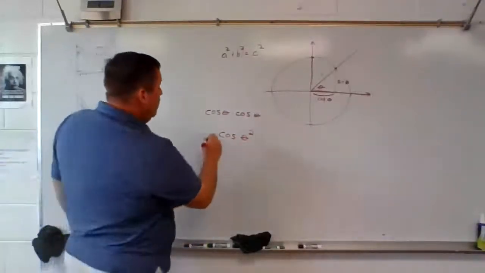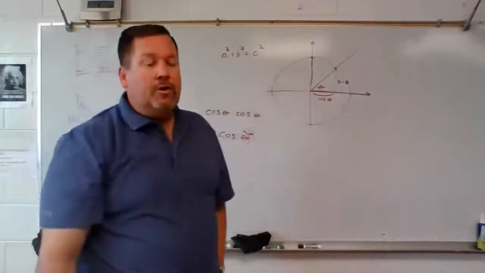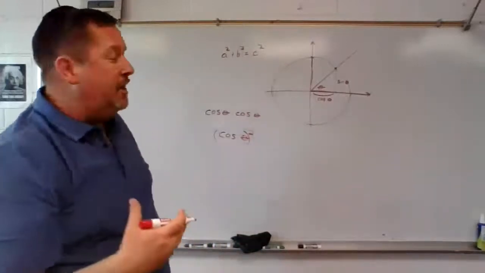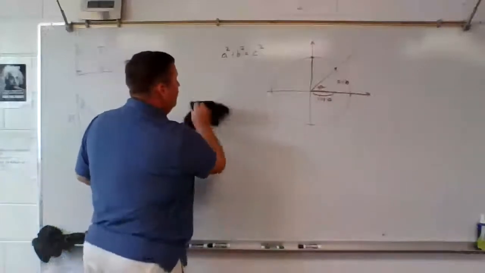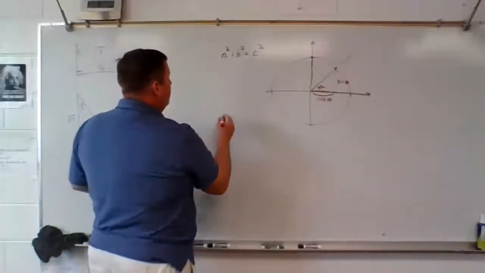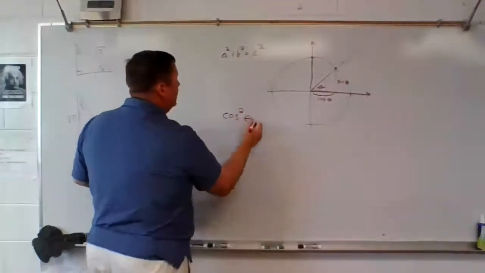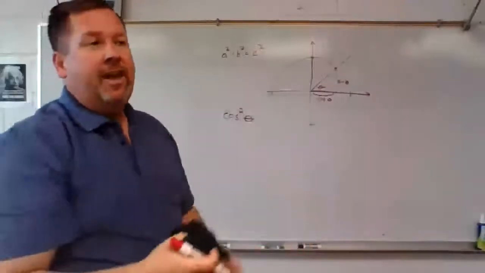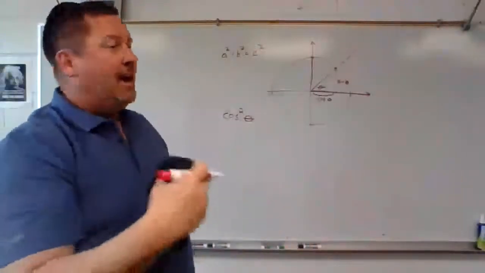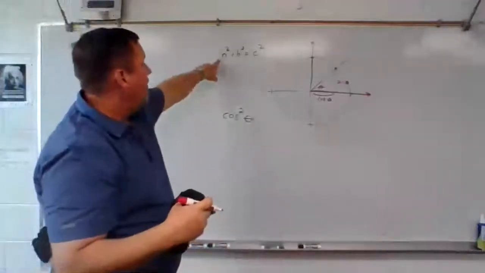So I guess we could use parentheses, but one way that they get away with not using parentheses but still being clear on what they're talking about, and we're going to use this notation, is to write it like that: cosine squared theta. That means cosine theta times cosine theta, which is exactly side A is cosine theta.